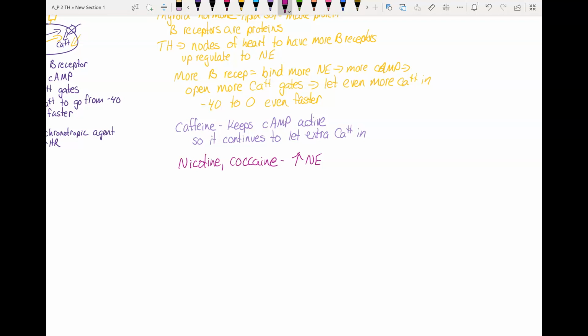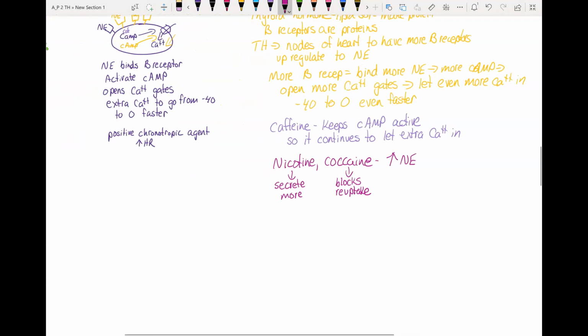And if you remember back to chapter 12, we talked about how cocaine blocks the reuptake of norepinephrine. So nicotine, you will secrete more, and cocaine blocks reuptake. So the point is you have more norepinephrine. So that higher level of norepinephrine is going to bind more beta receptors.